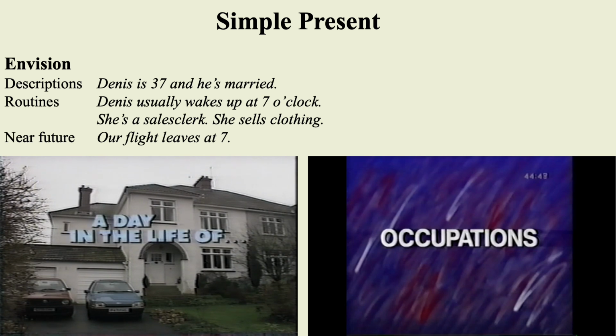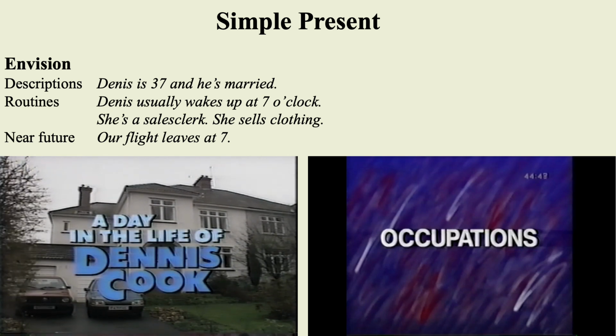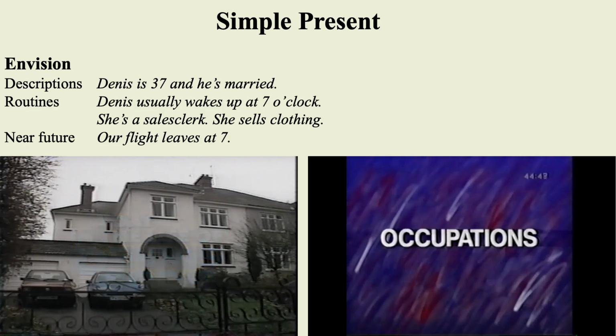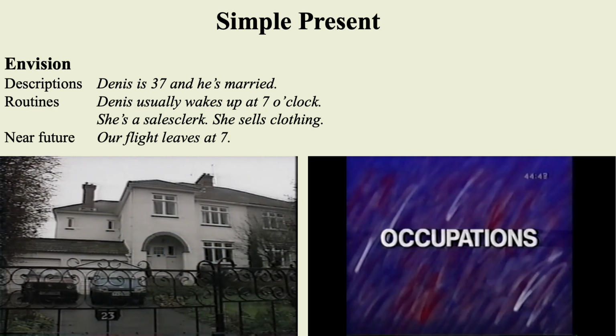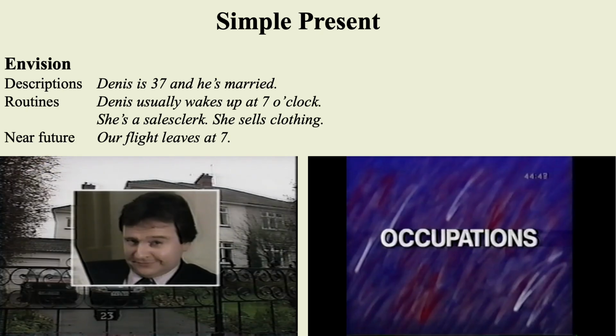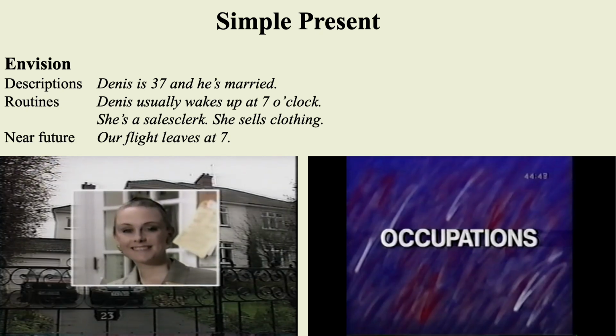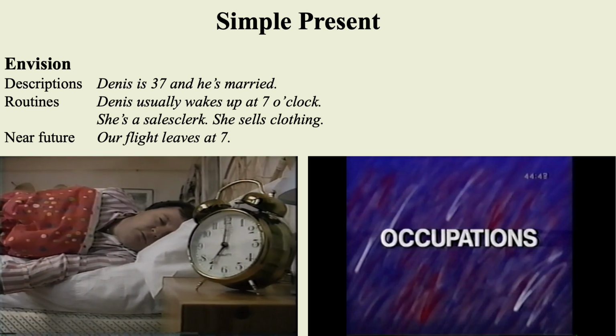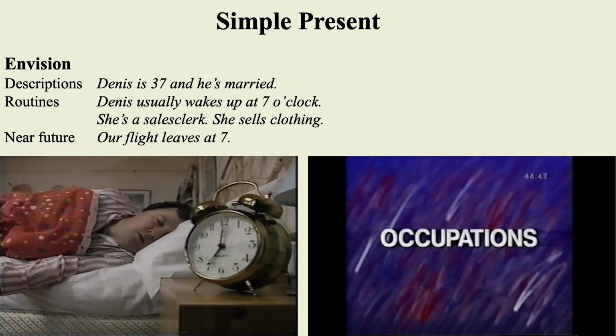A day in the life of Dennis Cook. Dennis Cook lives at 23 Primrose Avenue. Dennis is 37 and he's married. His wife Tricia is 34. Dennis usually wakes up at 7 o'clock.